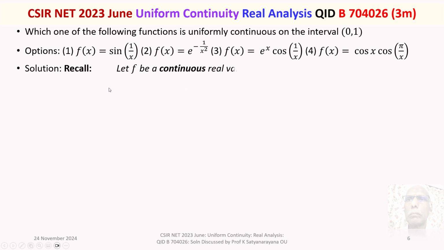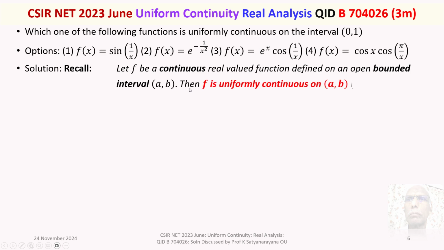We recall the following theorem. Let f be a continuous real valued function defined on an open bounded interval (a, b). The interval (a, b) is open and it should be bounded, and f is a function defined from (a, b) to the real numbers, and f is continuous.